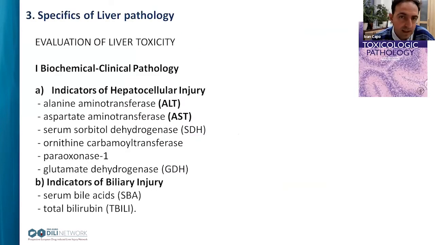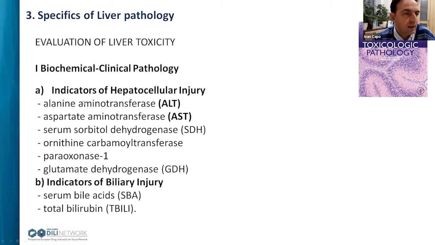In a lot of these animal model experiments, and also in my collaboration with pharmacologists, they routinely do biochemical clinical pathology analysis. Almost all experiments need to include this biochemical part, and the histology can be an additional finding.